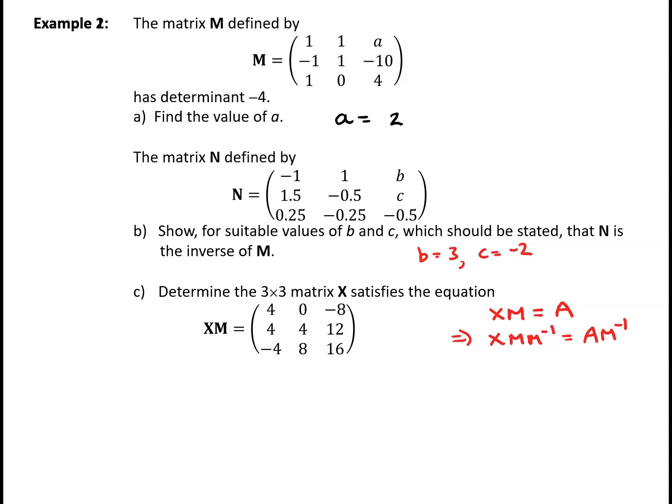We know that M times M inverse is the identity, so I've got X times the identity must equal A times M inverse. In other words, I've got X is A times M inverse. And M inverse is our matrix N.